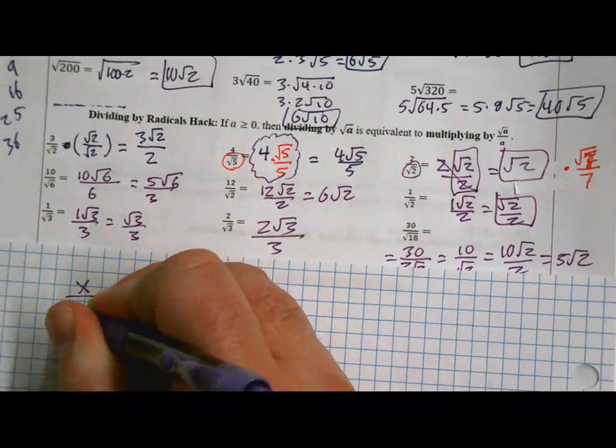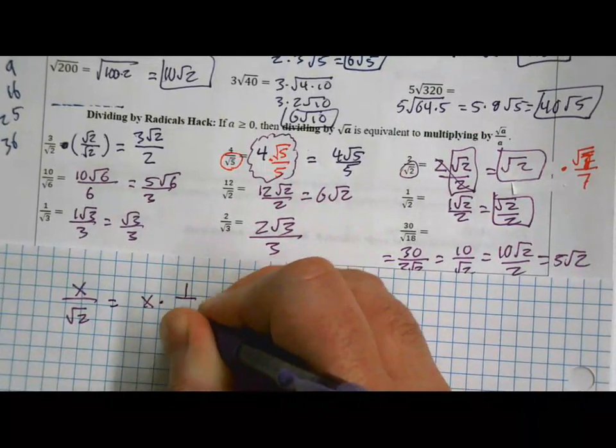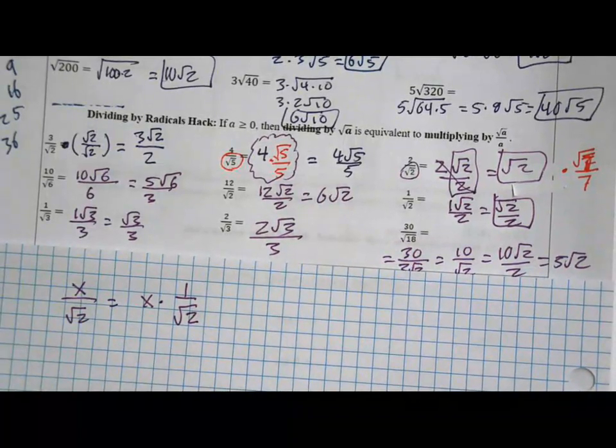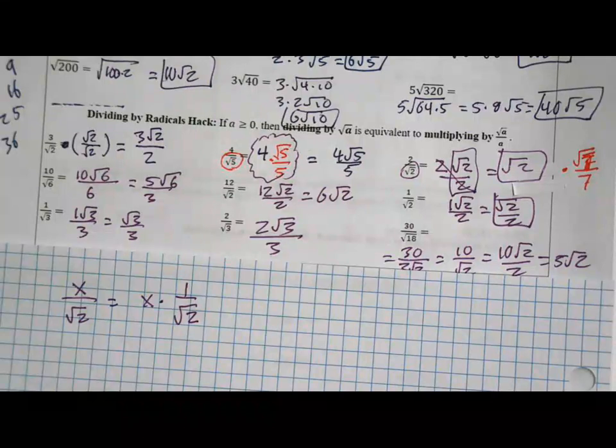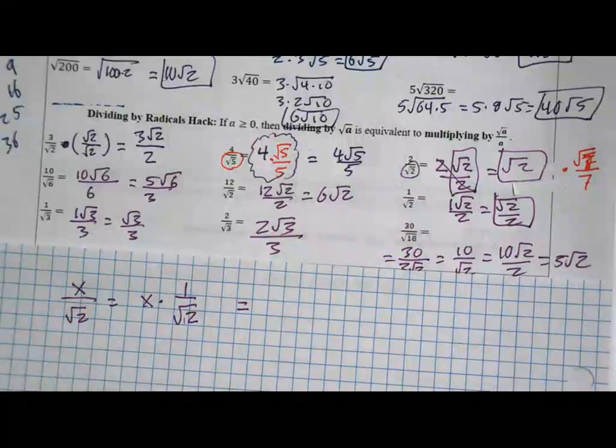X divided by root 2 is the same as x times 1 over root 2. Agreed? Dividing by a number is the same as multiplying by its reciprocal. Well, what's another way I could write 1 over root 2?